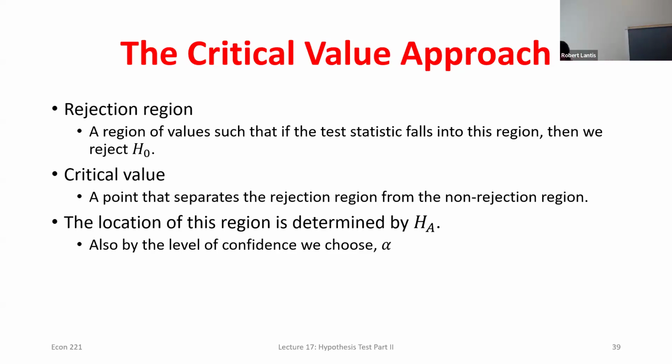This is what we're going to call alpha. So alpha says, if I found sample evidence that corresponds to a test statistic, and let's just say this was 1.5, if it corresponds to a test statistic that is anywhere to the right of what we call the critical value, which gives me this desired area in the tail, I'm okay rejecting this assumed true mean.